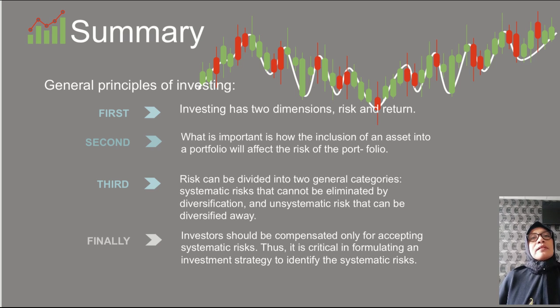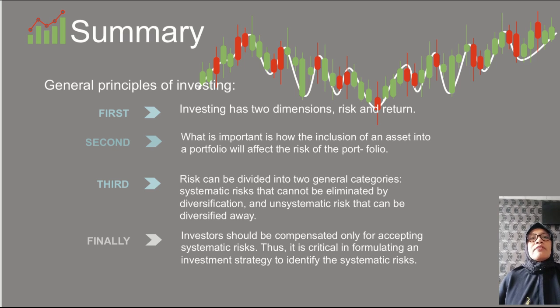General principles of investing. First, investing has two dimensions: risk and return. Second, what is important is how the inclusion of an asset into a portfolio will affect the risk of the portfolio.